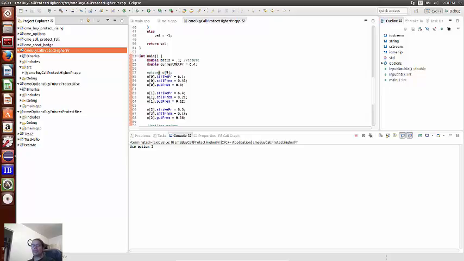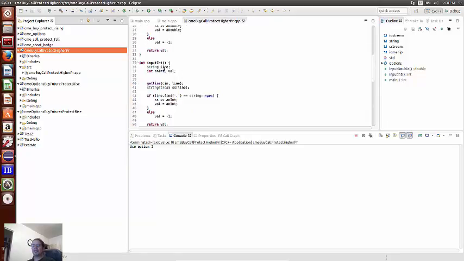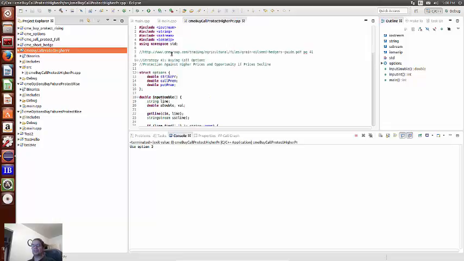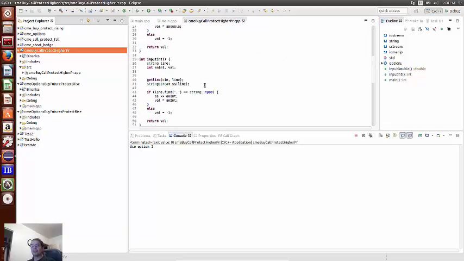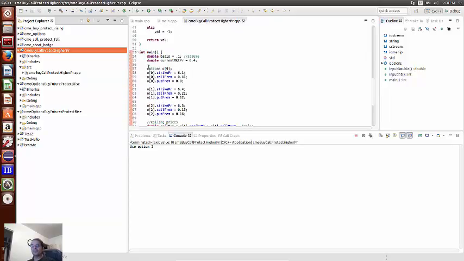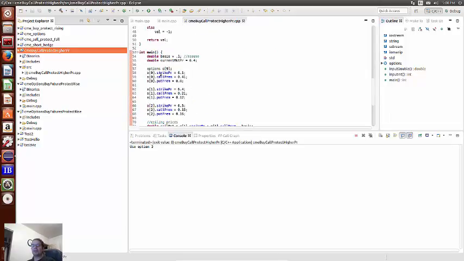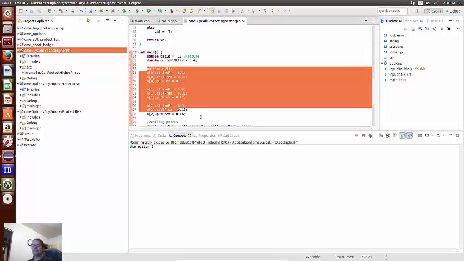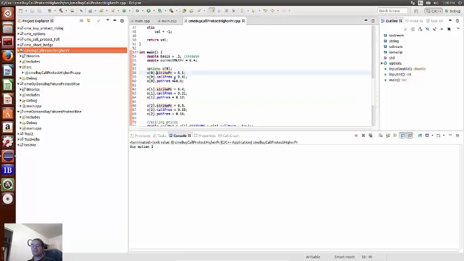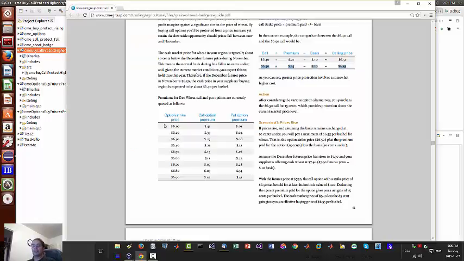So what I've done, got the usual routines of input and output, doubles and integers. But in this case, what we're doing is I've got a structure, very simple one, with strike price, premium price for the call, and premium price for the put. And we're just basically going to put three options in there. Each one will be as in that table I just showed you, right here.